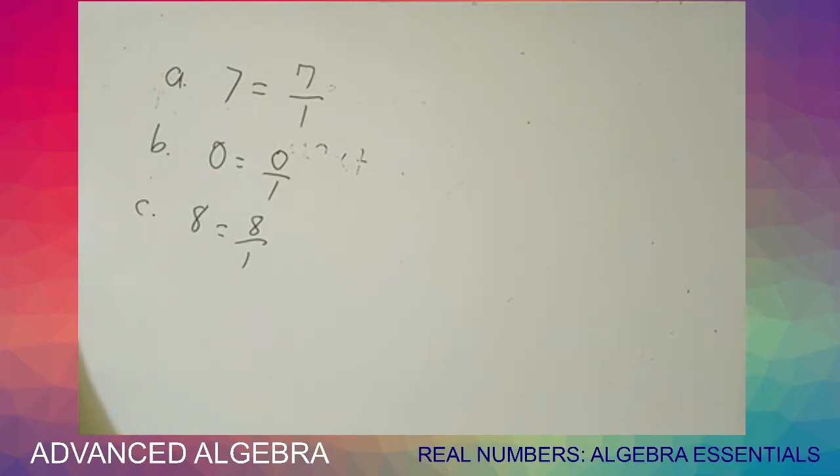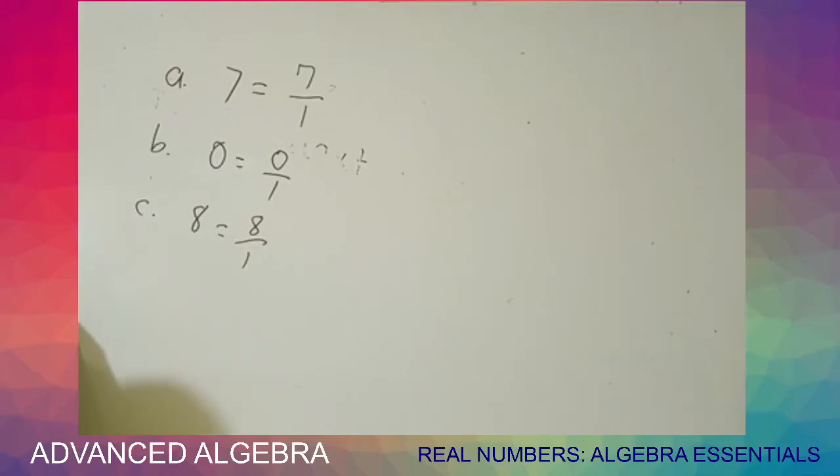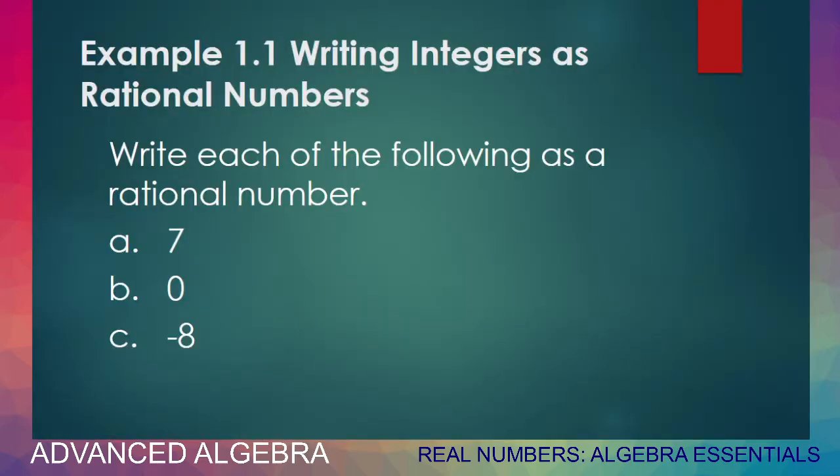So next. So naintindihan naman yung example. Okay. So next tayo. Yes po, pag tinatanong natin na kapag yung whole number or natural numbers ay i-express natin into rational number, lalagyan natin siya ng over 1. Okay?